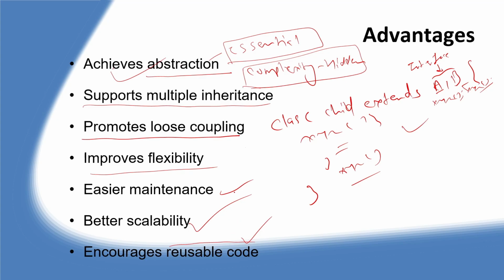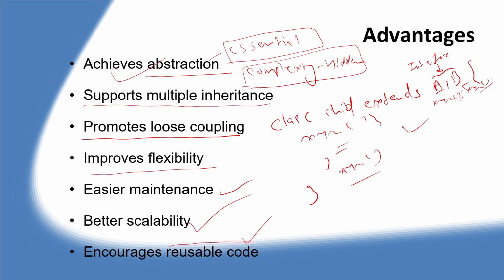Let's quickly summarize what we learned so far. We have seen what an interface is. An interface defines a contract that classes agree to follow, which means the implementation class will implement all methods of the interface. We also explored practical examples like payment system and notification, and we understood how to implement interfaces and the important rules we need to follow while writing an interface.